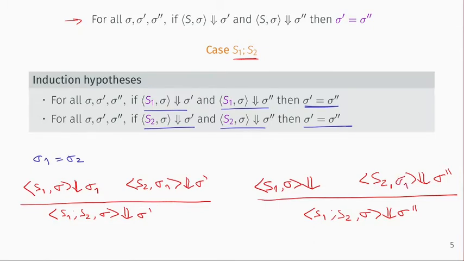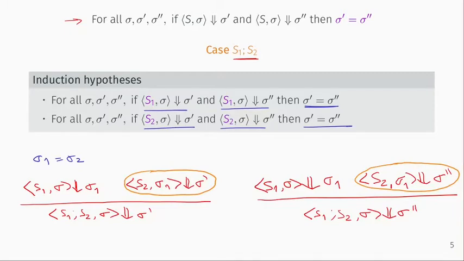Sigma 1 here and sigma 1 here. That is, whatever we had sigma 2, now we have sigma 1 because they are said to be equal. So now look here at those derivations. We have here S2 under sigma 1, and here again S2 under sigma 1.